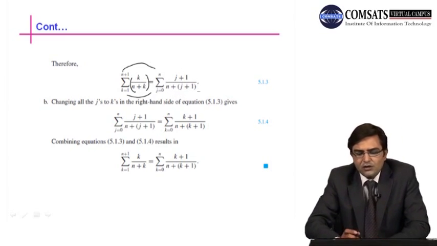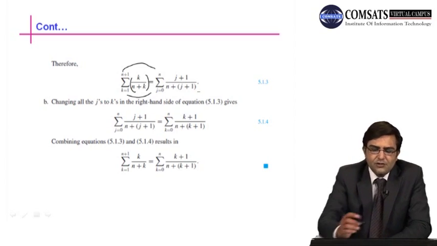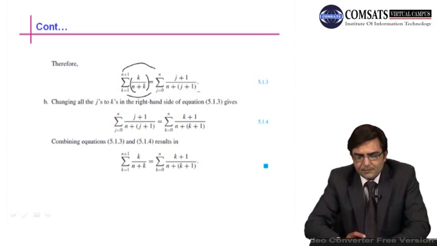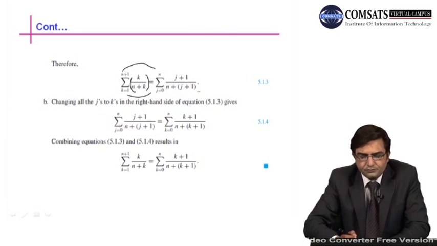So this is how we can transform a summation by using a change of variable to a new form of the summation. Here, if we open up these two summations, the result will be the same.